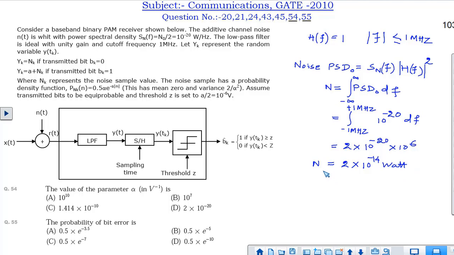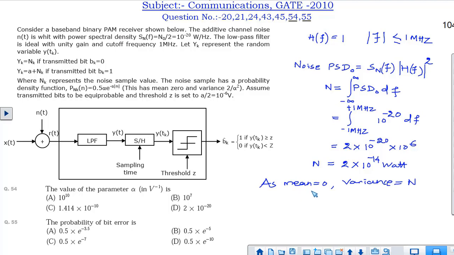The noise probability density function is given in the question, and it is also given that it has 0 mean and variance 2 by alpha square. As it has 0 mean, the variance simply represents the power of the noise. So this 2 by alpha square will be equal to the noise power.